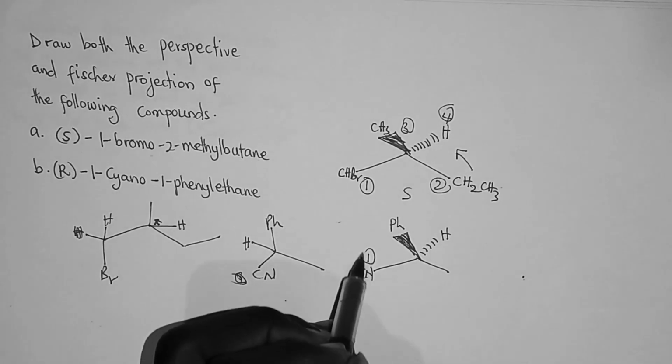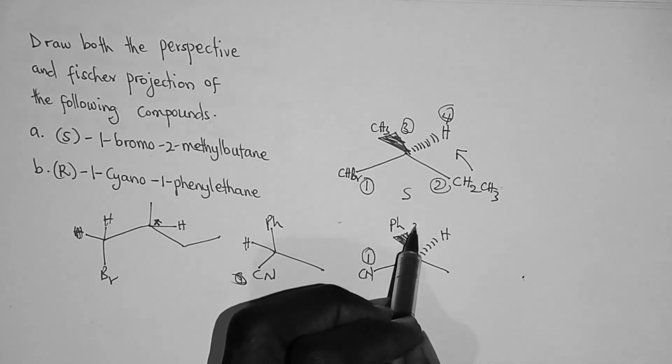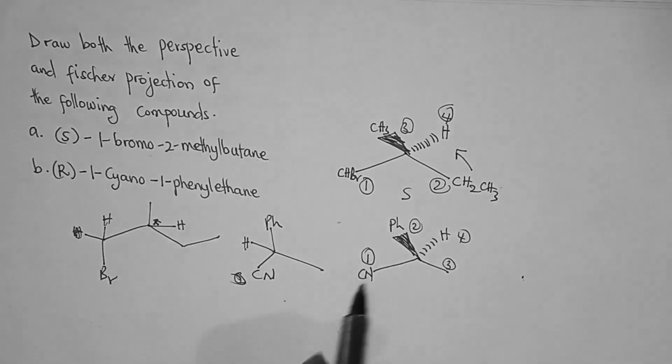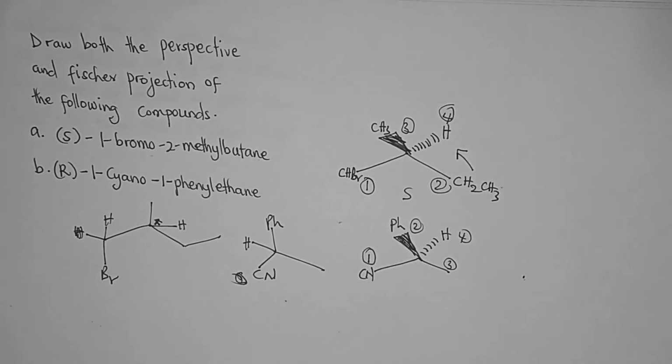So this is 1, this is 2, this is 3, and then this is 4. 1, 2, 3. That is an R. So you can see that this is also a correct drawing of the R-1-cyano-1-phenylethane.